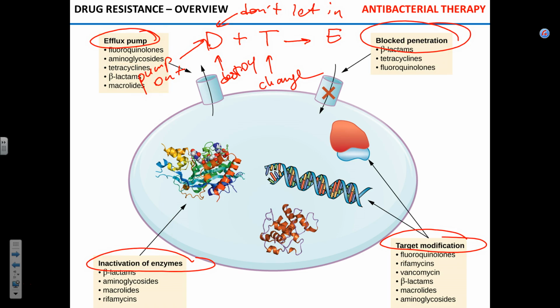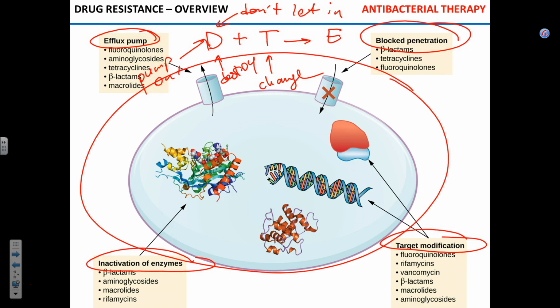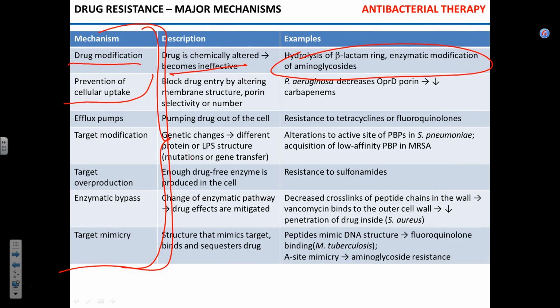Some of them, not all of them, are on this picture. So try to relate it, it will help you to understand. You can either prevent the cellular uptake or pump it out. In fact, Pseudomonas does both. It prevents drugs from getting in, and if they do get in, it pumps them out. Does that make sense?